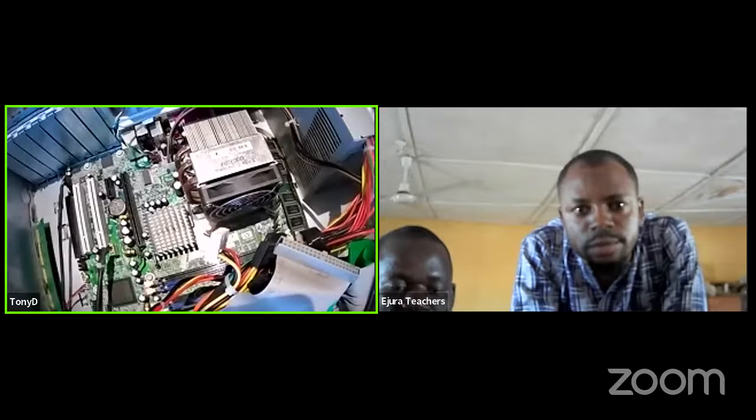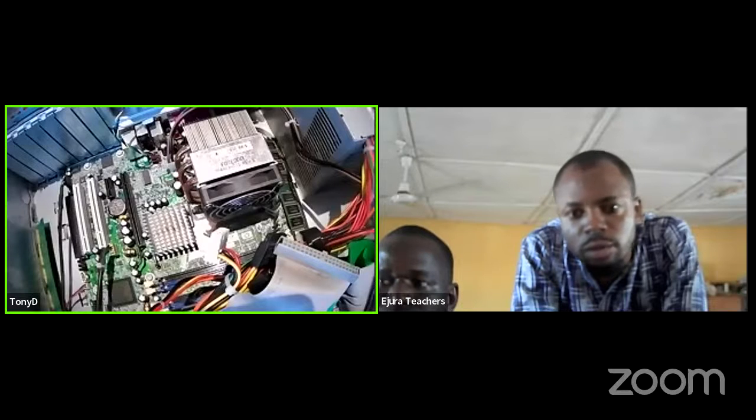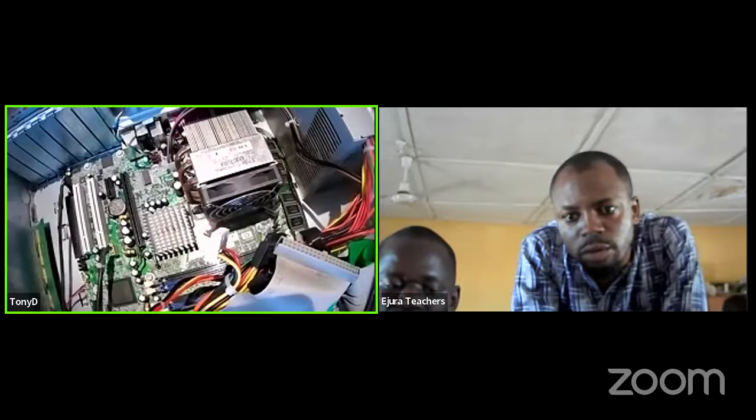My main point for this time, so that the instructors can also take you through what I'm talking about, is that we talked about the motherboard and the computer case, and I showed you that these three things are very important.